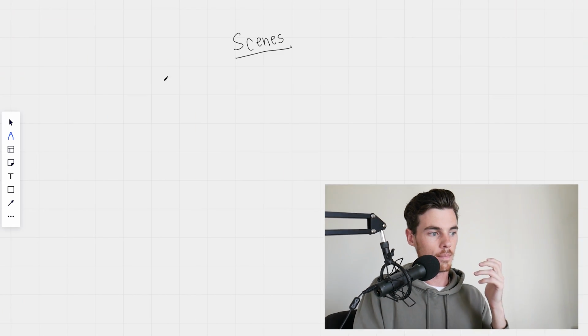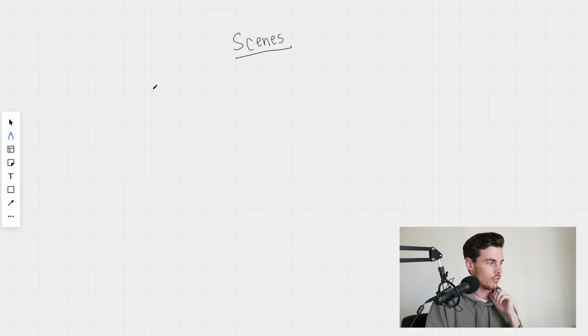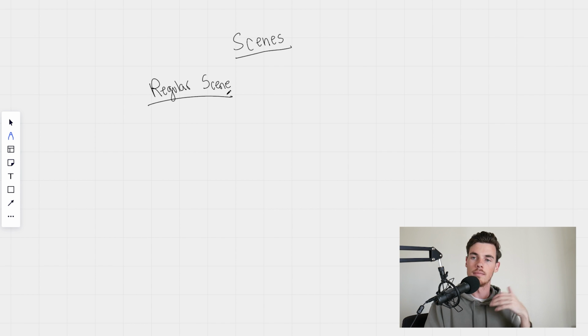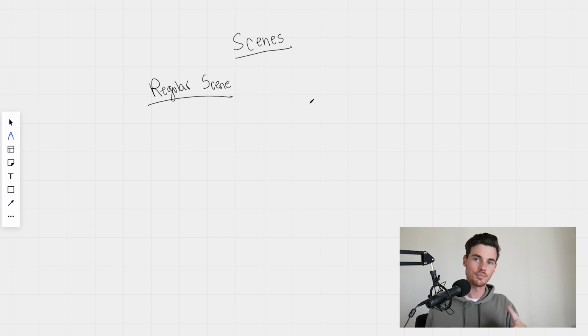So there's a couple of main kinds of scenes. You have what I would consider a regular scene, right? So just characters doing some of the things that they're doing. They're talking about an external conflict, a scene that takes us from point A to point B. And then what we also have is our pivotal scenes, right?